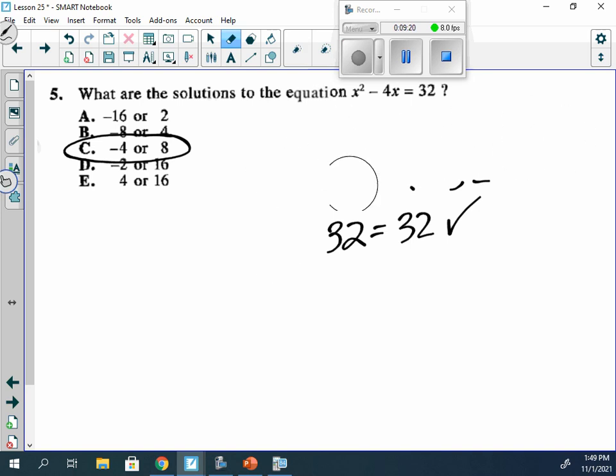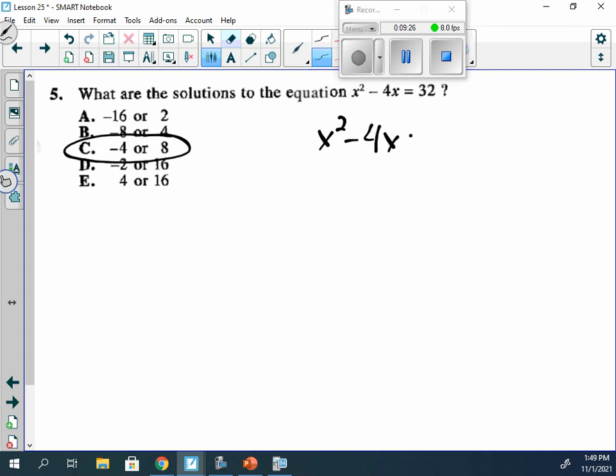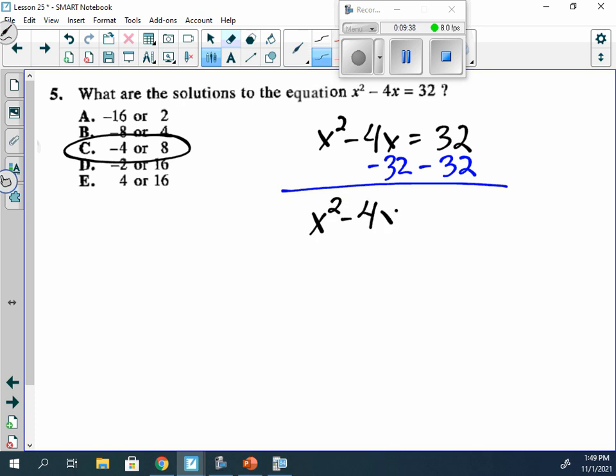Now, we could have also done this in the calculator. To plug it into the calculator, we do need this equal to 0. So we can subtract 32 from both sides, which will tell us that we have x squared minus 4x minus 32 is equal to 0, because we want to get it to equal 0 first.